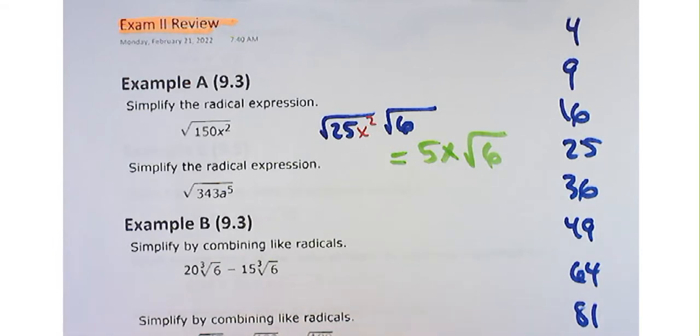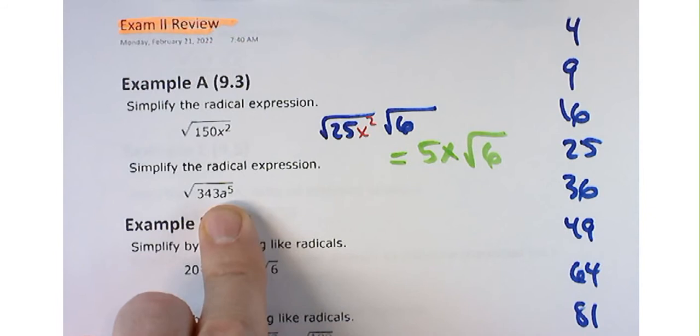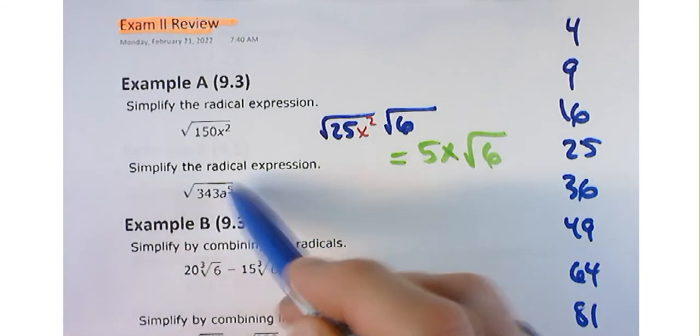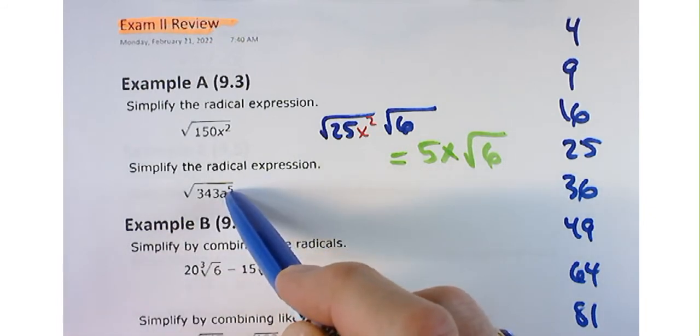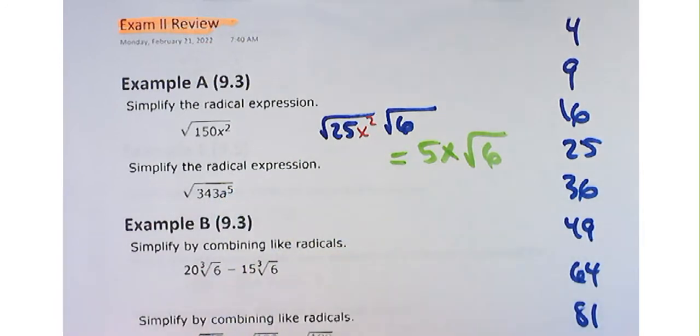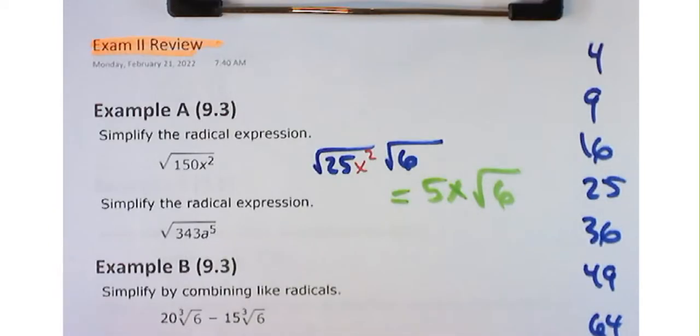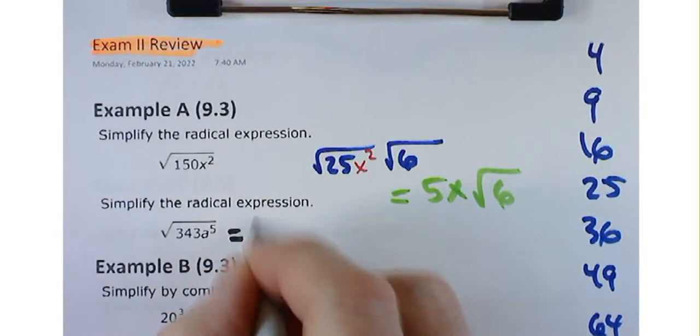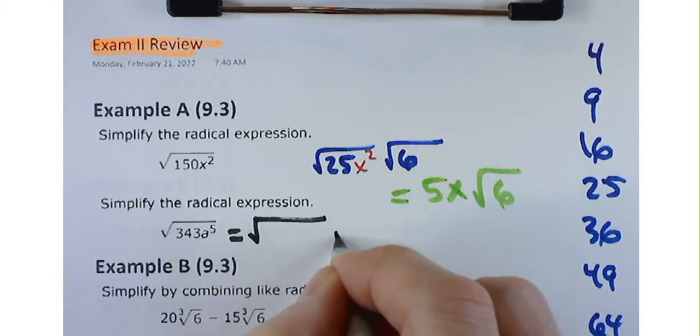Now, I chose this one because the exponent here was odd, and I want to remind you what to do with something like that. Kind of like the last one, I'm going to break this up into a couple parts. The first part is going to be our perfect square. The second part is going to be whatever is left over.